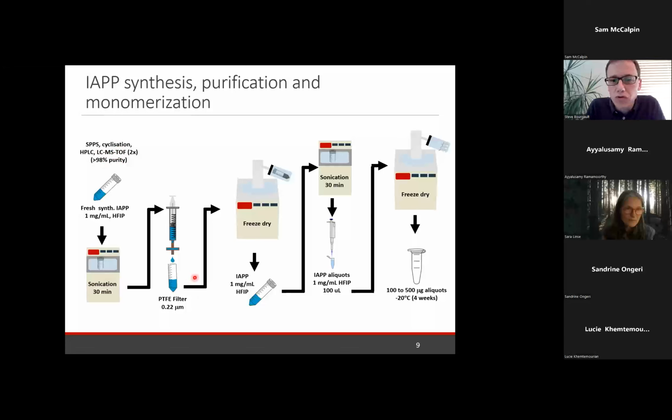Then we go through a long process of monomerization, which involves treatment with HFIP, filtration, sonication, and freeze drying. At the end, we end up with different aliquots of powder peptide, 100 to 500 micrograms, that we keep dry at -20, but no longer than 3 to 4 weeks. Every 2 to 4 weeks, we need to repeat the process from the purification and so on.